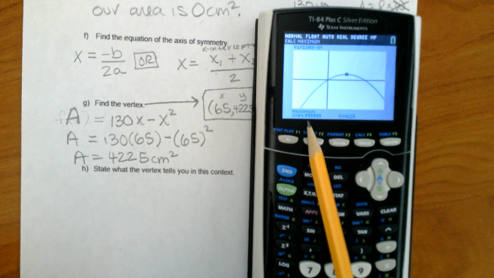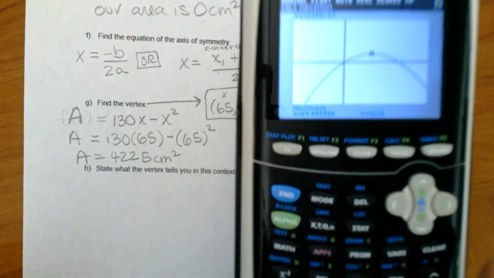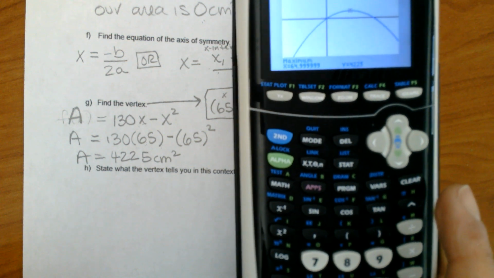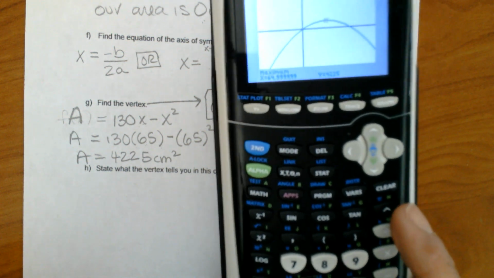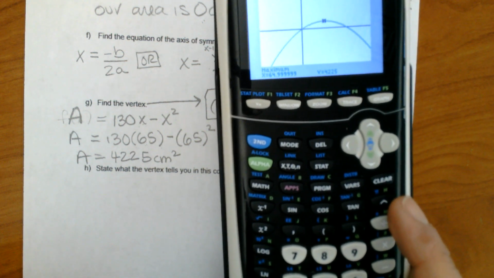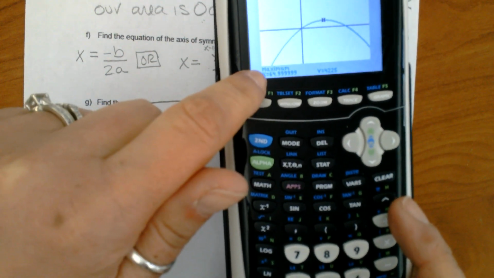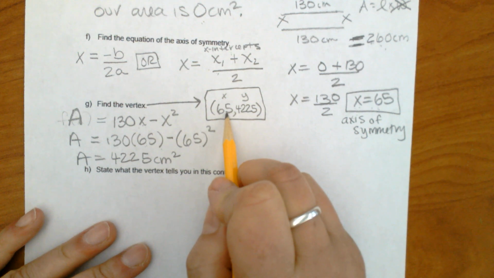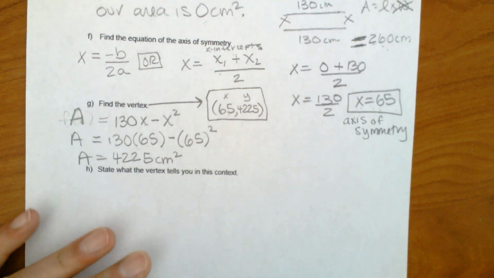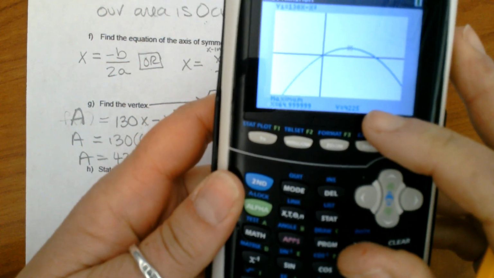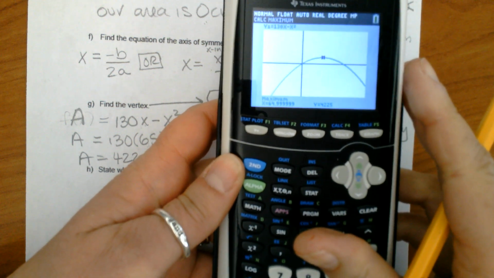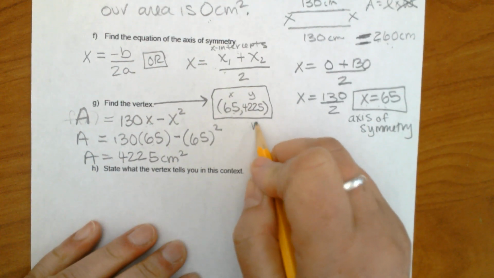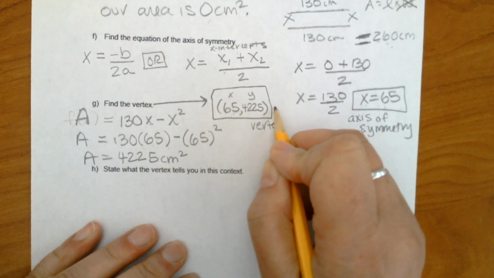And you'll notice it says 64.999, and then try to get it there for you. Y equals 4225. So I'm just going to round that. Okay, our calculator is so specific. So we just round that to 65, and the Y value right here was 4225. So using the graphing calculator, I got the same vertex.